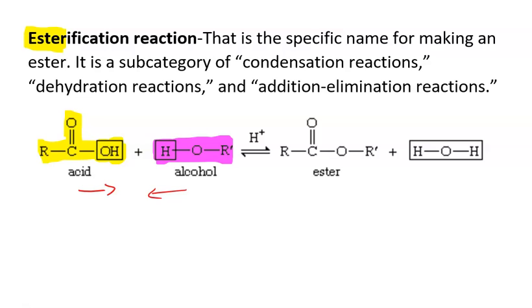It doesn't matter. But make the two OHs point together and then eliminate an OH and an H. In this case, they're doing this correctly in the sense that the OH comes from the acid and the H comes from the alcohol. On the other hand, if you had just picked randomly and got the H from here and the OH from here and dropped them out to form water, you would end up with the exact same molecule.